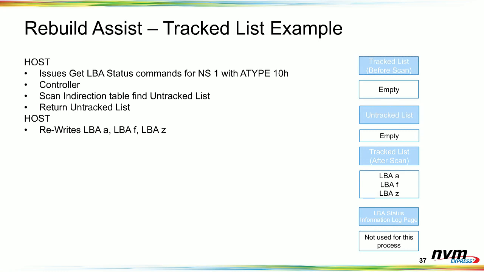And at this point in time, in this particular example, the untracked list had LBA A, LBA F, and LBA Z each shown as being bad. So the host in this case rewrites LBA A, LBA F, and LBA Z.